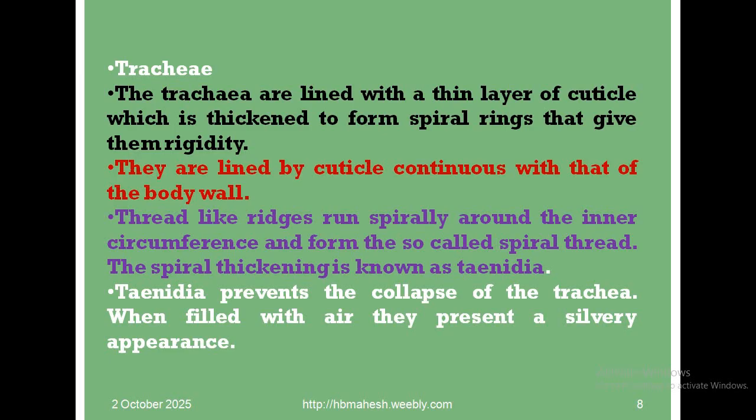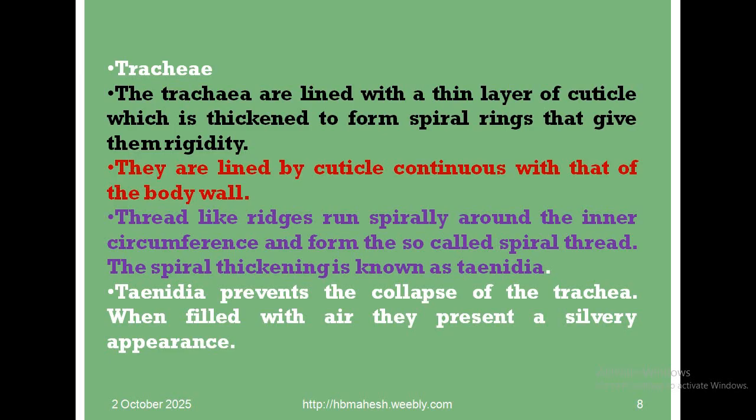Thread-like ridges run spirally around the inner circumference and form the so-called spiral thread. The spiracular thickening is known as ctenidium. The ctenidia prevent the collapse of tracheal system when filled with air.